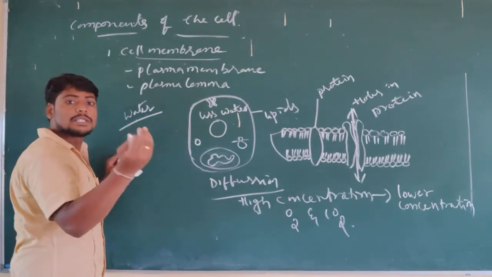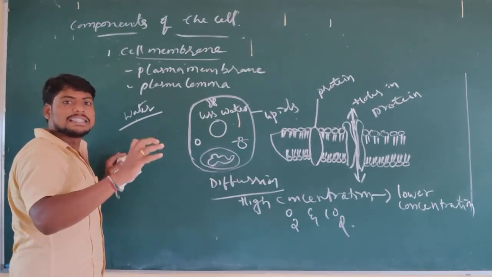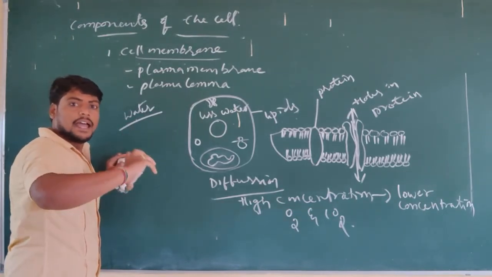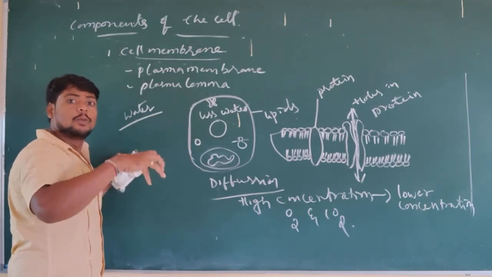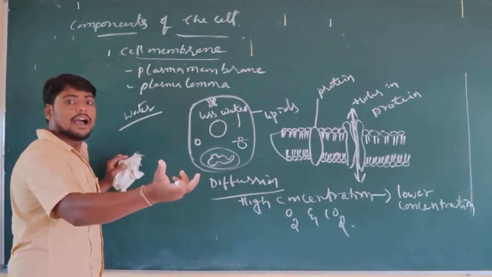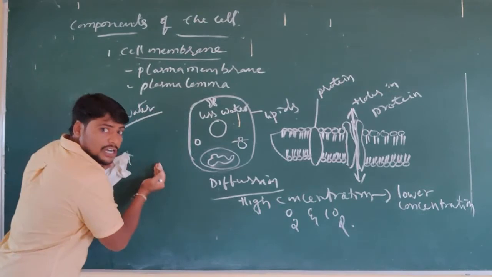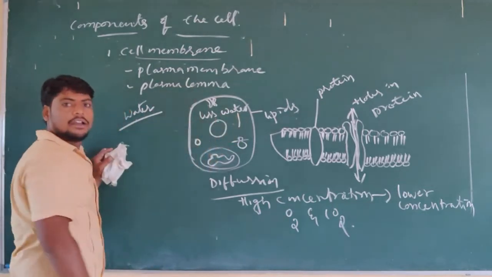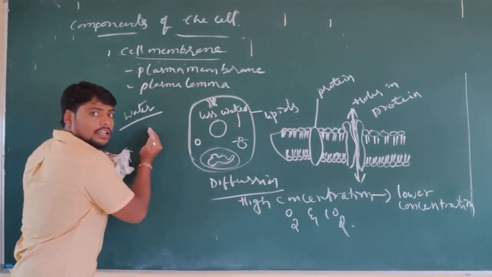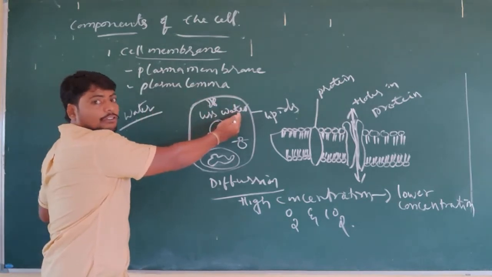So what is osmosis? It is the process in which water moves from a region of higher concentration towards a region of lower concentration, from more water towards less water.